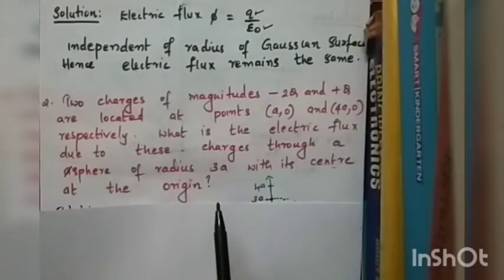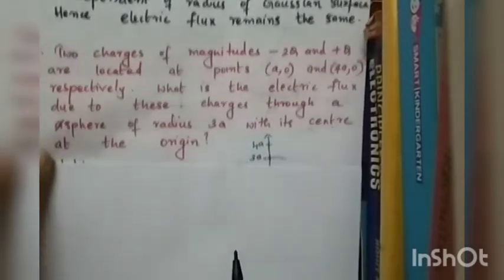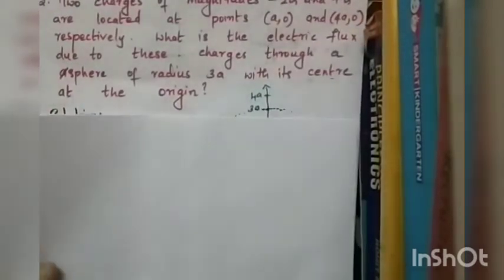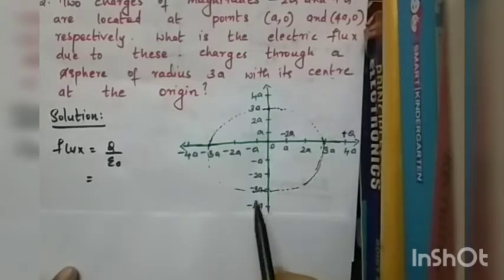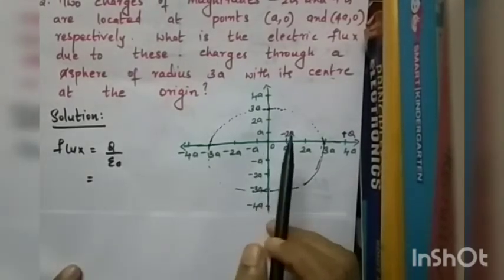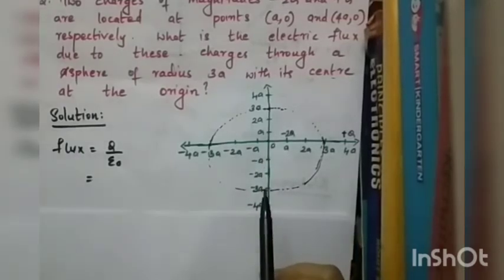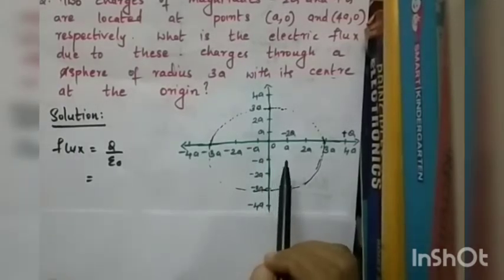I have drawn that sphere for you. I have just made a rough sketch of the sphere. Here I have marked the Cartesian coordinate system and plotted the points.